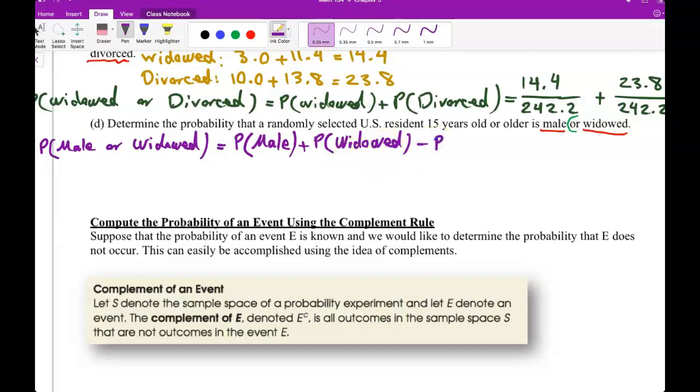So subtract intersection between these two. Once again, when we have intersection, there is and in between. When we have union, it's or in between. So here we have and. And number of outcomes was 242.2 for all of these.